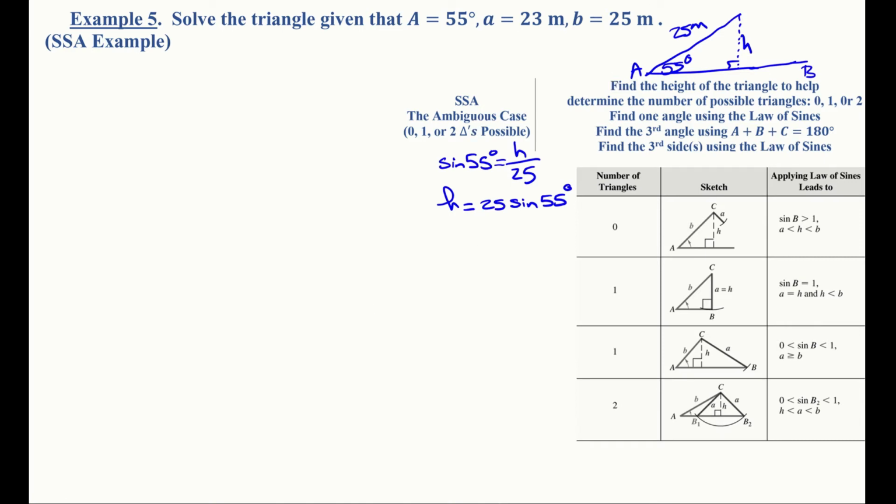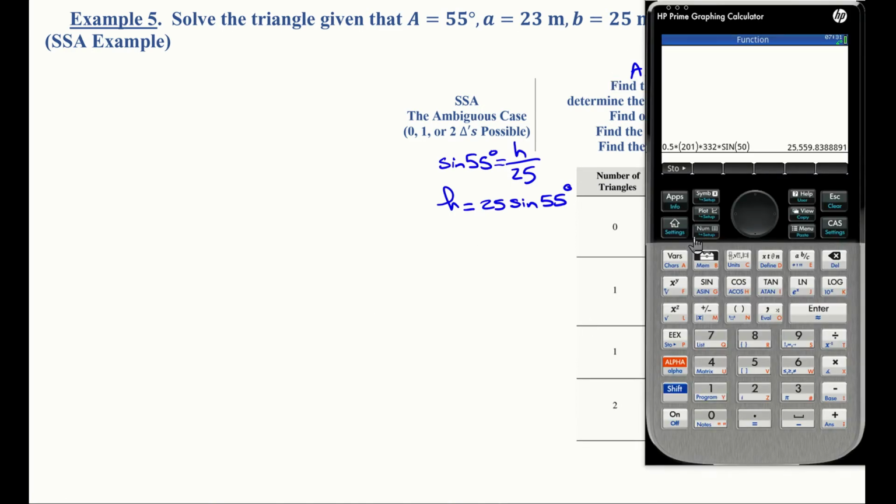Let's calculate that. Again, you want to make sure you're in degree mode, but we've already done that, so we don't need to, but generally speaking, you should always make sure. So we want 25 times sine of 55. We get approximately 18.